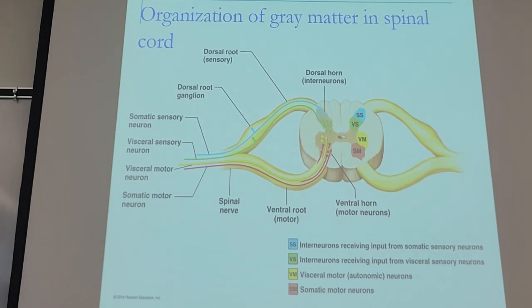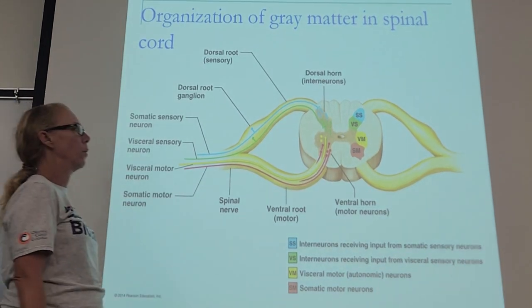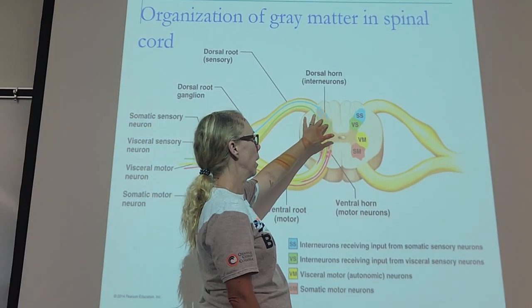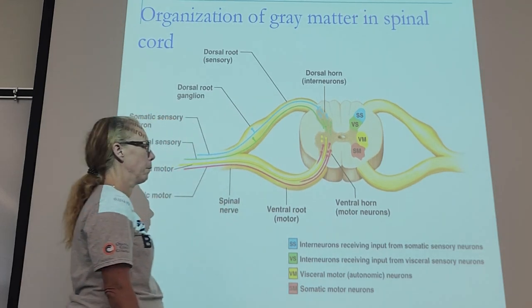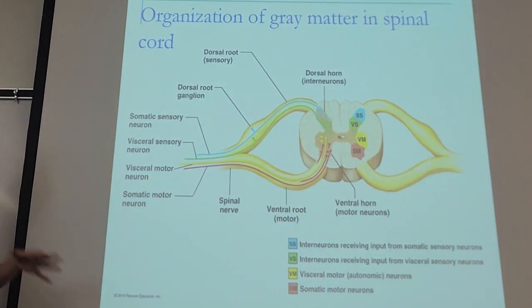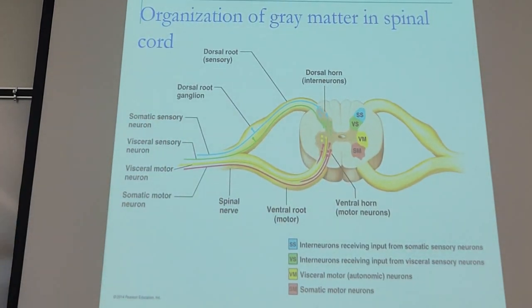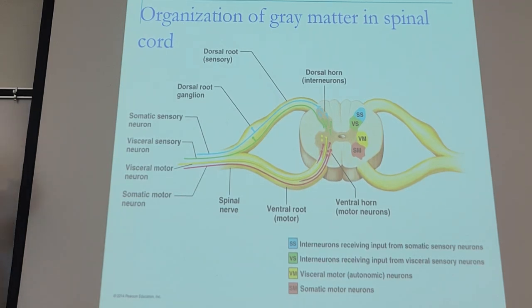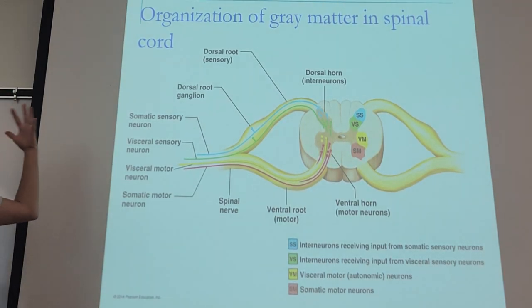It's going to synapse with interneurons in the posterior horn, and interneurons are going to figure it out. There are ones that are going to send information up through tracts to higher processing centers so we have conscious awareness of what is going on.